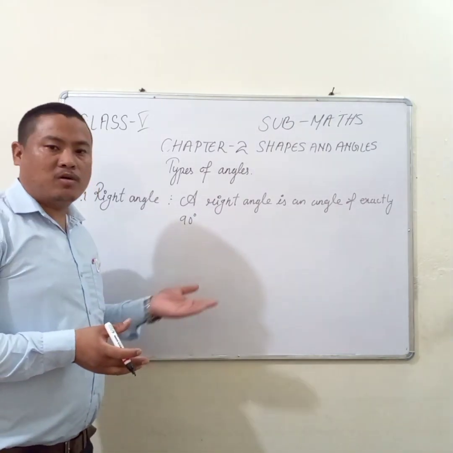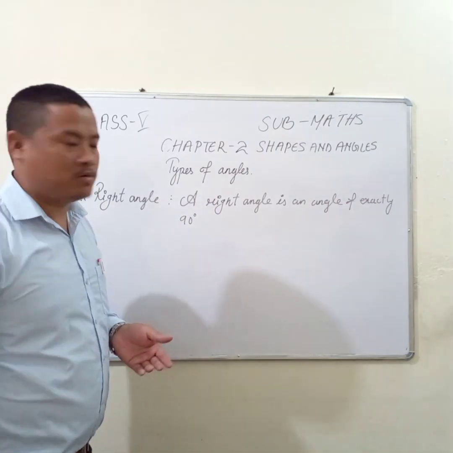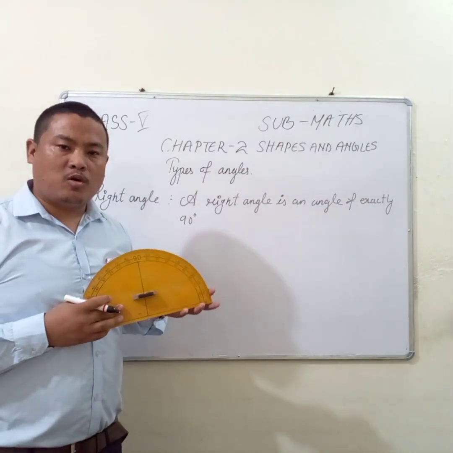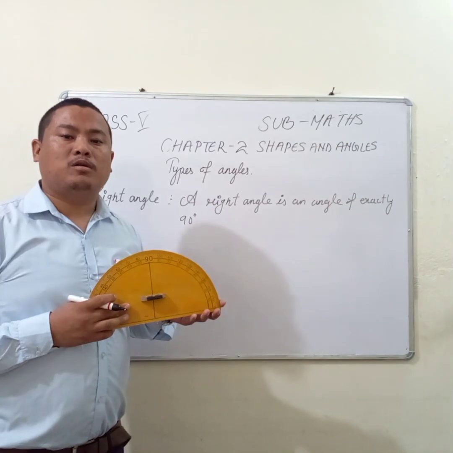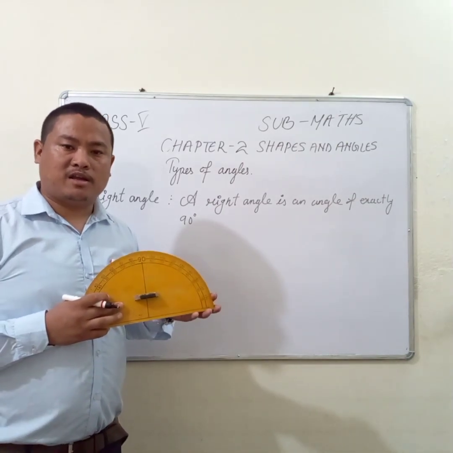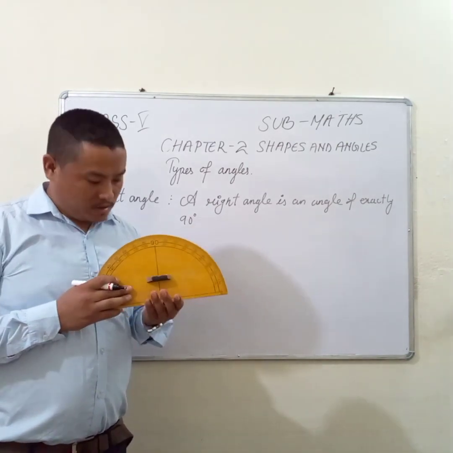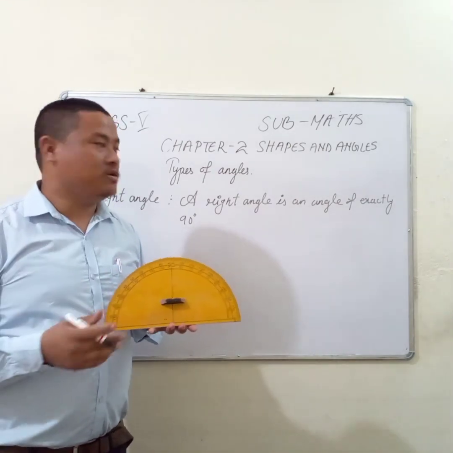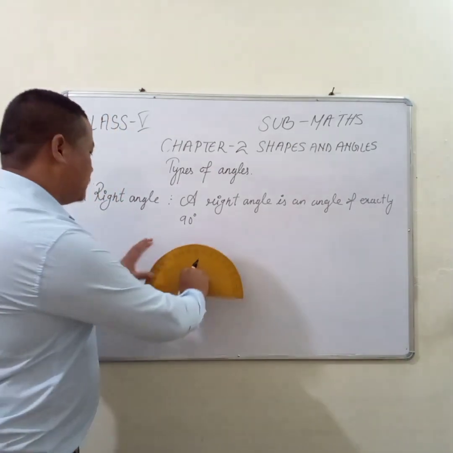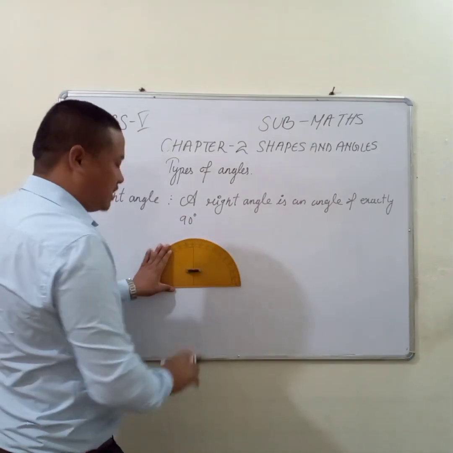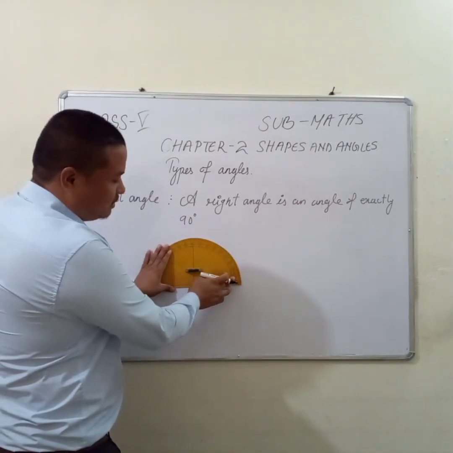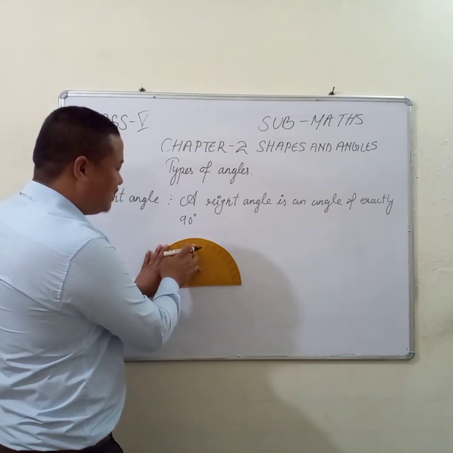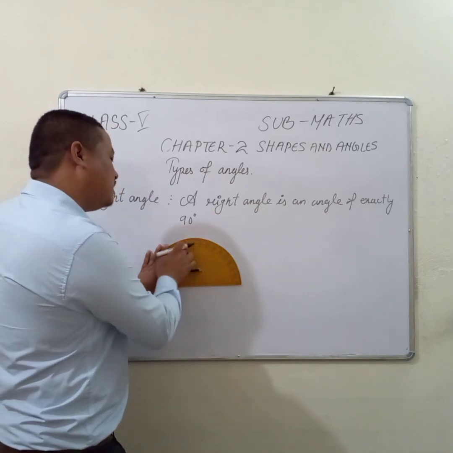Let me draw an angle and show you. This is an instrument to draw an angle or to measure an angle. The name of this instrument is protractor, which you have in your geometry. 90 degree. Just count from this side: 10, 20, 30, 40, 50, 60, 70, 80, 90. These all are degrees.